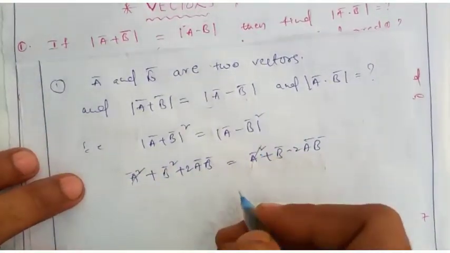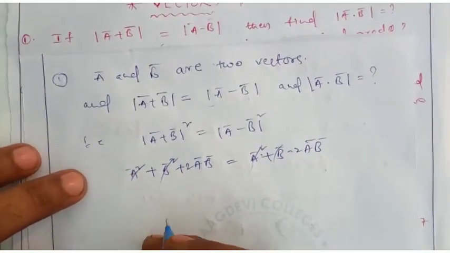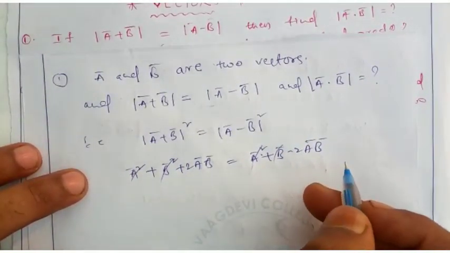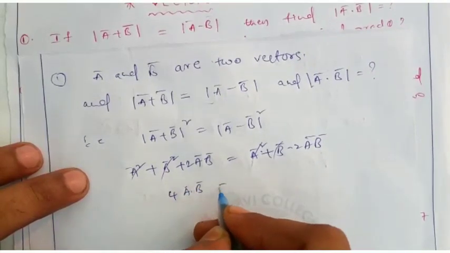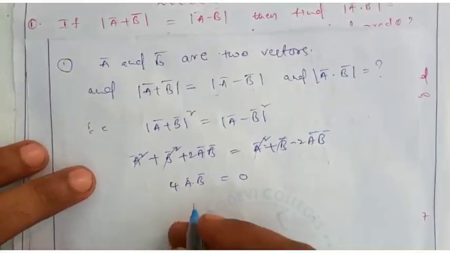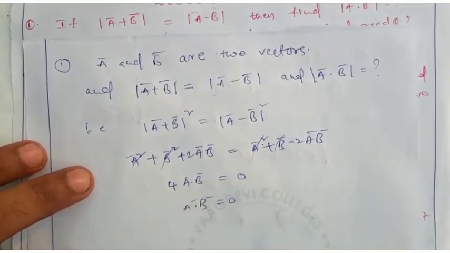A bar square and B bar square cancel, and minus 2 A bar dot B bar comes to this side, becomes 4 A bar dot B bar is equal to 0, and A bar dot B bar is equal to 0.